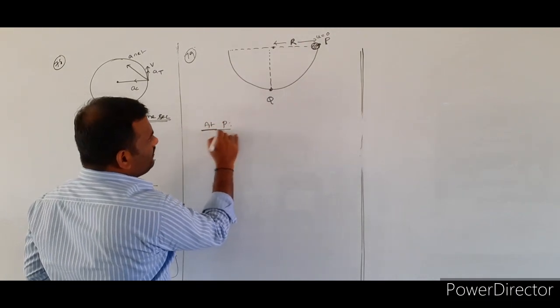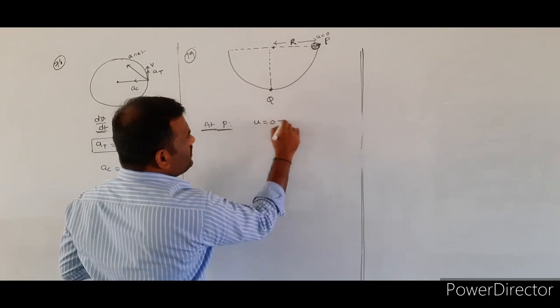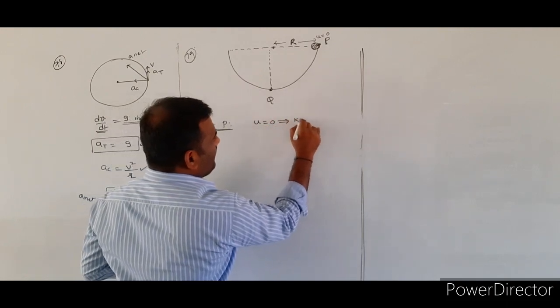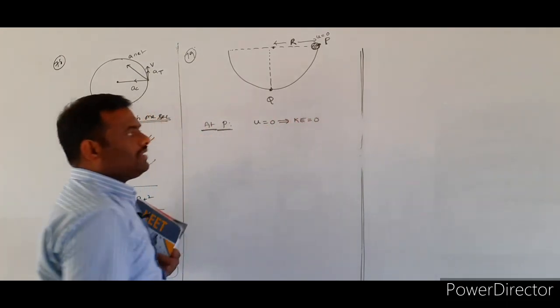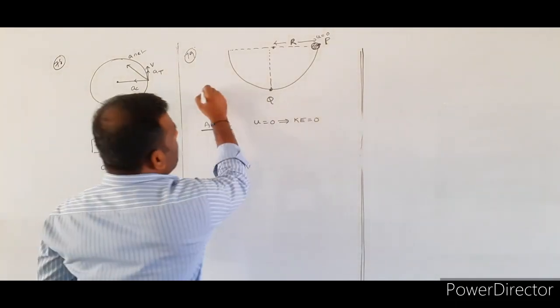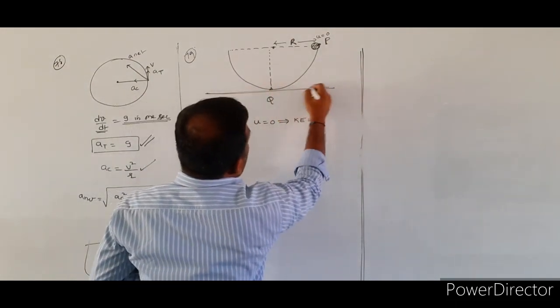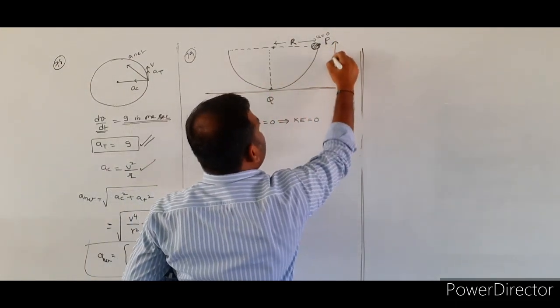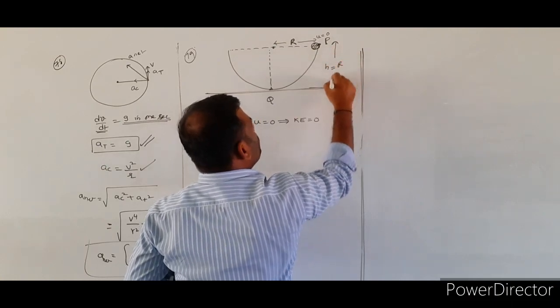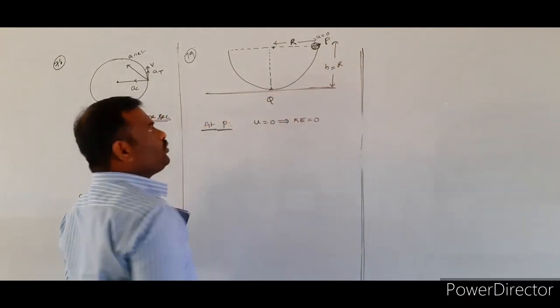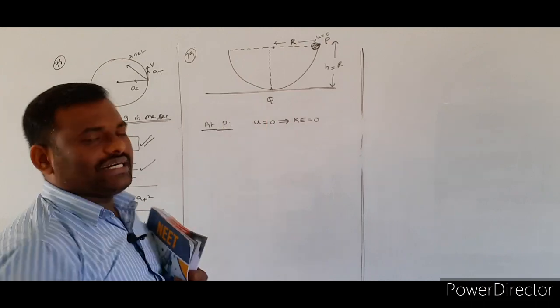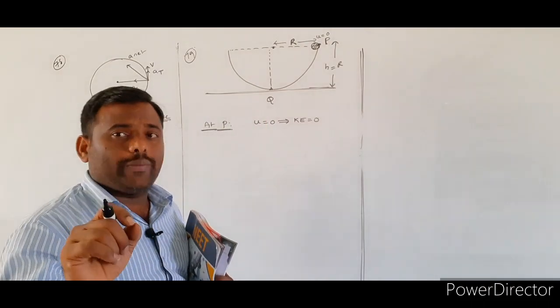So at the point P, initial velocity is equal to 0. Therefore, kinetic energy value is equal to 0. And with respect to the point Q, P will be at a height h equal to capital R.